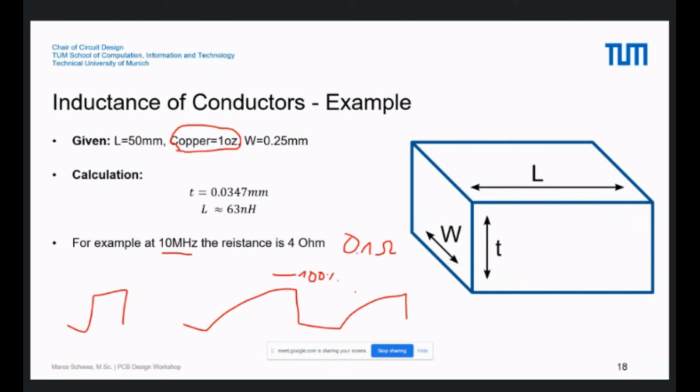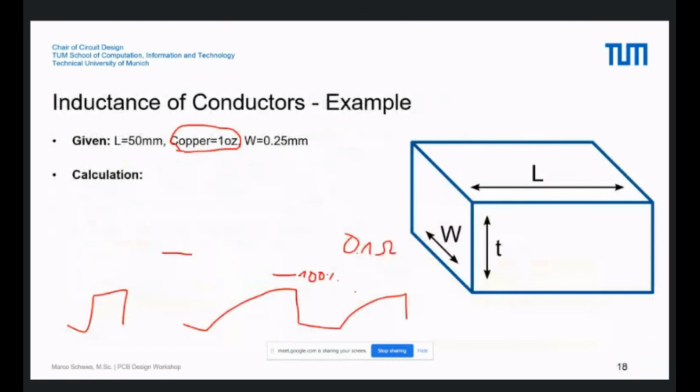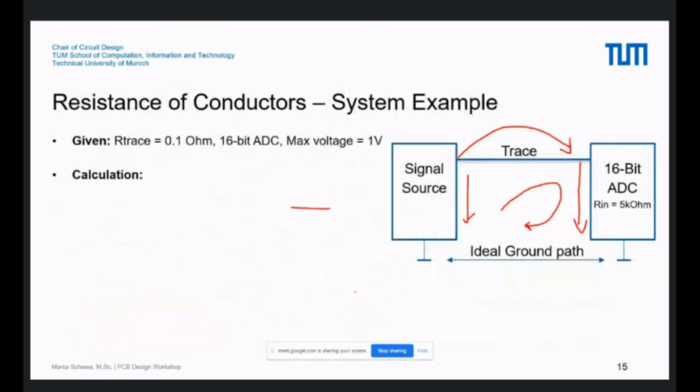You can also do some simulation, for example. Say you have a signal source, you have a trace, and you have an ADC. You don't care about the ADC; you say, okay, I have only one trace. I lay out a trace, and I know that it has a defined input capacitance and defined resistance, and this system has defined input resistance, defined inductance, and so on.